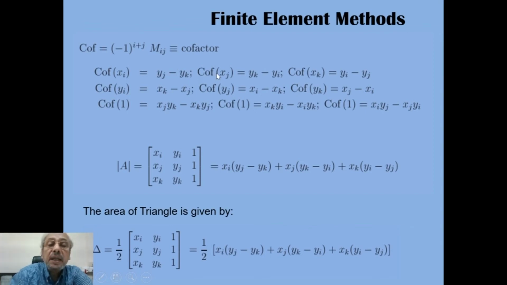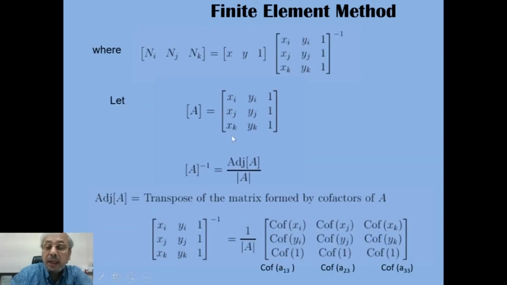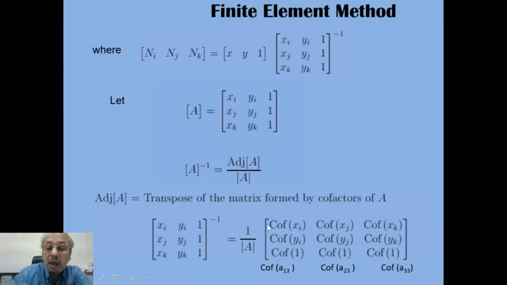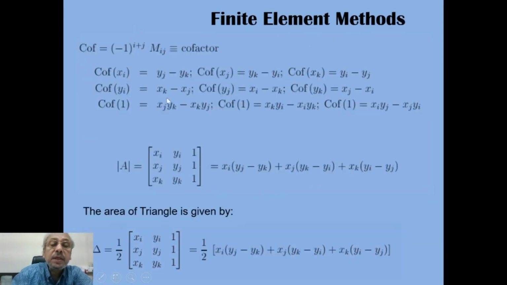Similarly, we will find the second term in the first row, the third term in the first row, and all the cofactors of the first row, all the cofactors of the second row, and the value of the cofactors at the third row.